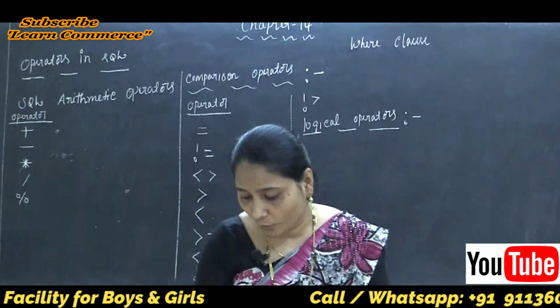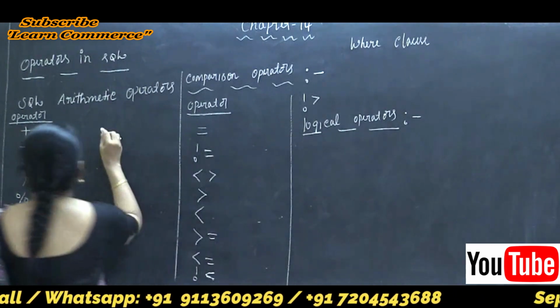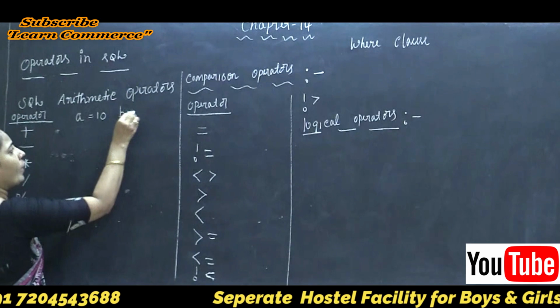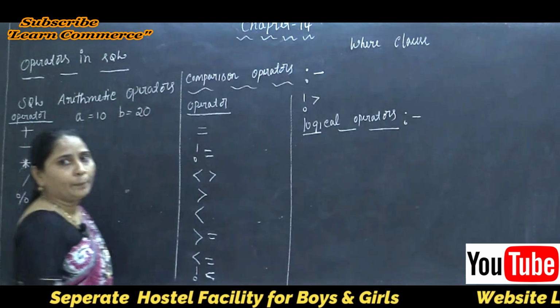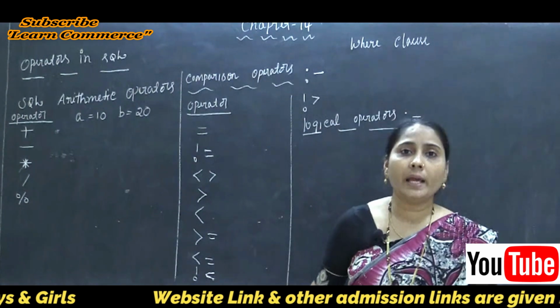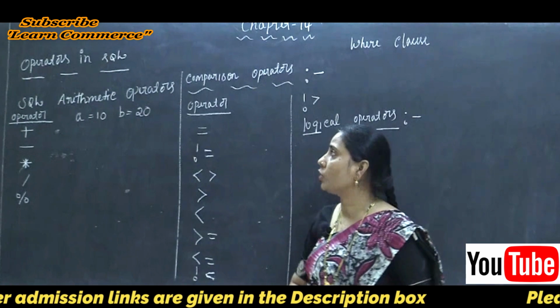Now let's discuss all those operators using some examples. I am using the a value as 10 and the b value as 20. So a value is equal to 10 and b value is equal to 20.